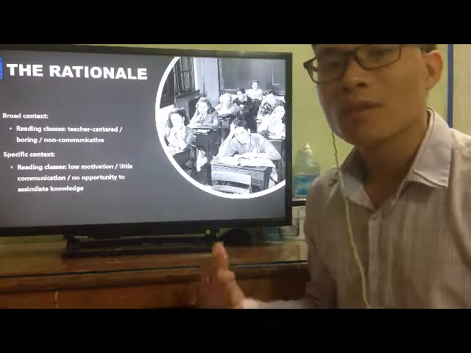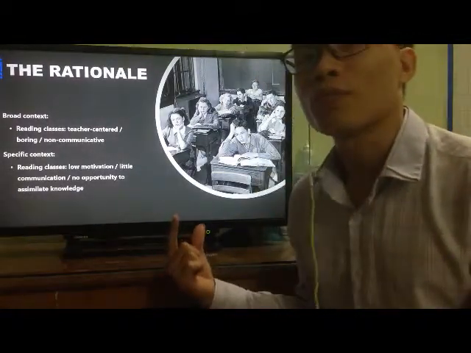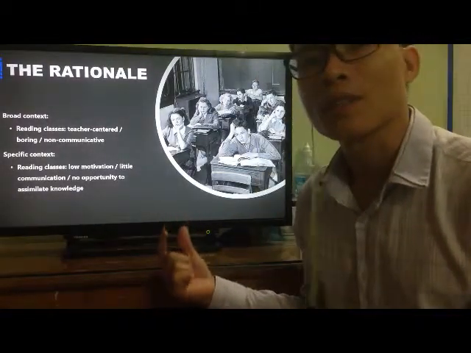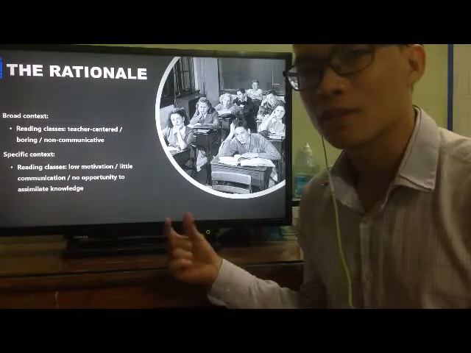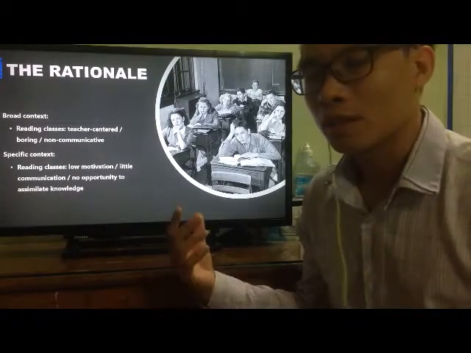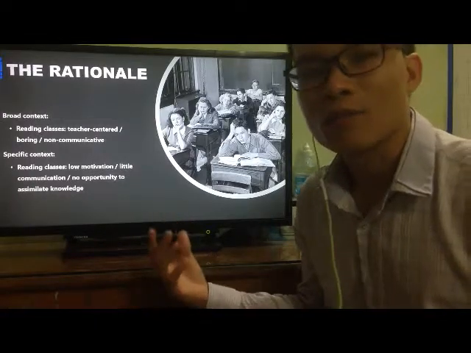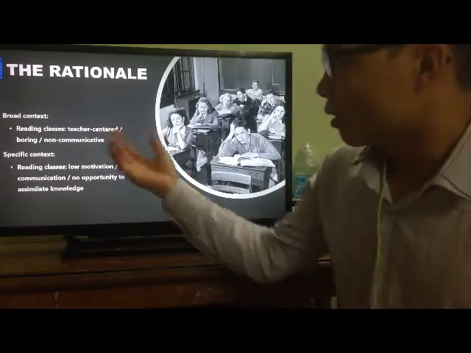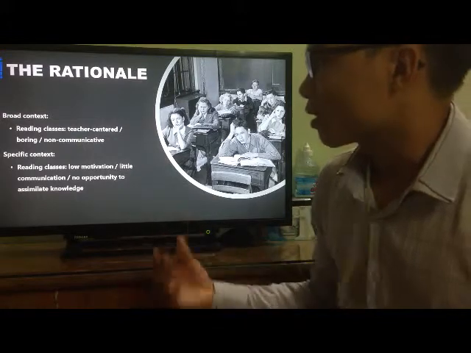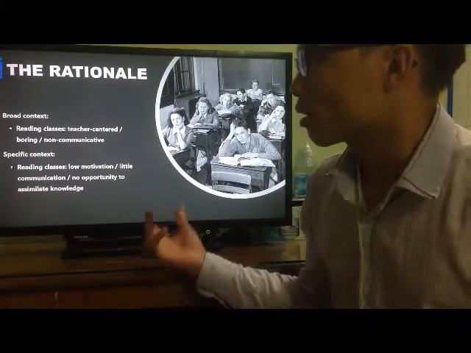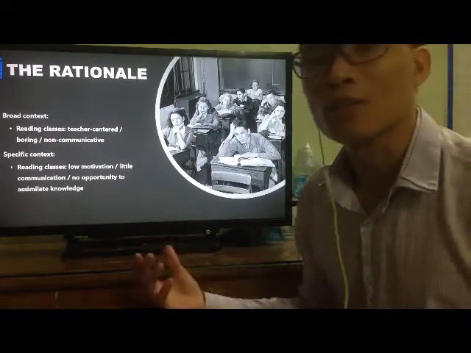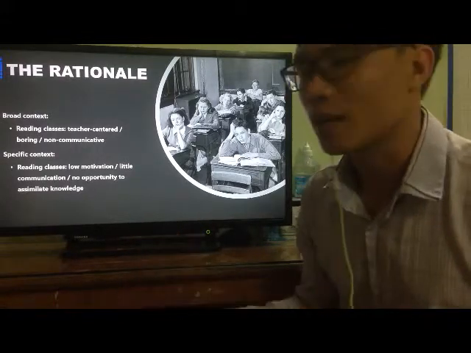That means the teacher is the sole purveyor of knowledge, and the students often have to listen to the teacher, and they have no active role in the class. So that's why reading classes in Vietnam are often characterized by boredom and a lack of communication between teachers and students.